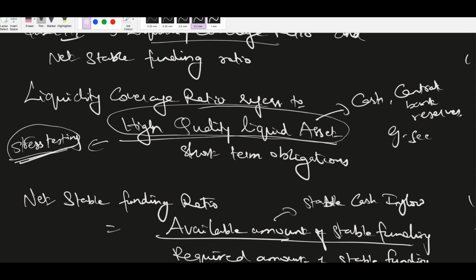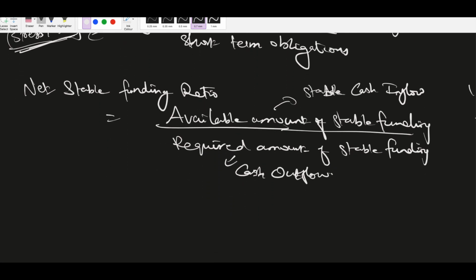If there is a sudden requirement to pay off the liability, can you still manage? That's the stress testing happening through the liquidity coverage ratio.